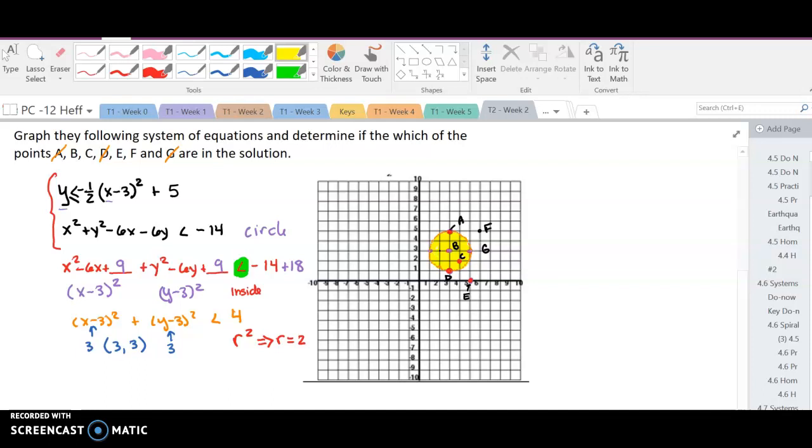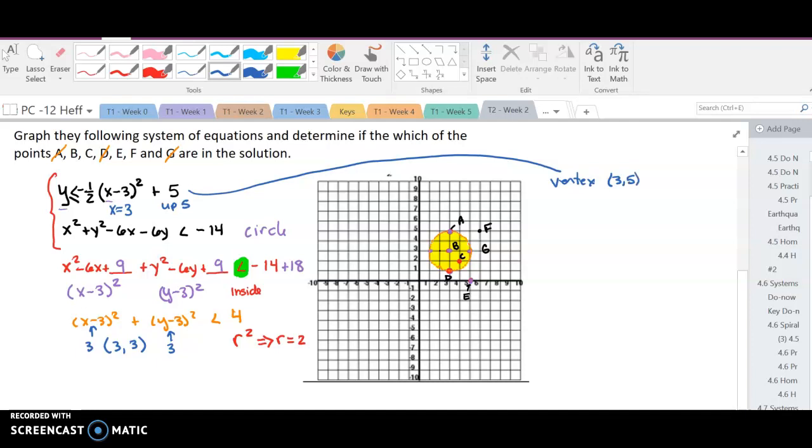Now we're going to deal with the quadratic. We'll bring it over here where we have some more space. We know that our center is at x equals 3, because 3 minus 3 would make that 0. And I am up 5. So that means our vertex is at 3, 5.